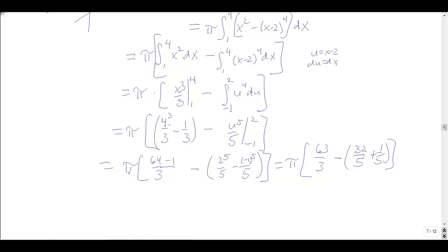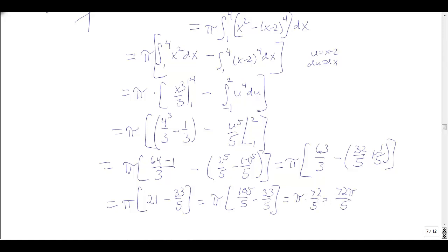I skipped that step, but what I'm going to get is pi times 63 over 3, which is 21, minus 33 fifths. So that's pi times 105 fifths minus 33 fifths. I get pi times 72 fifths, which is 72 pi over 5.